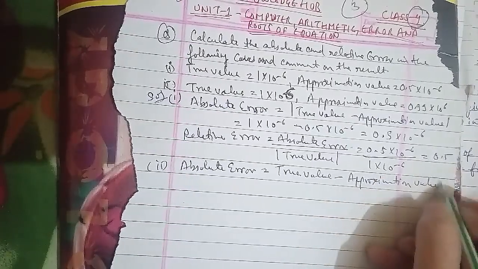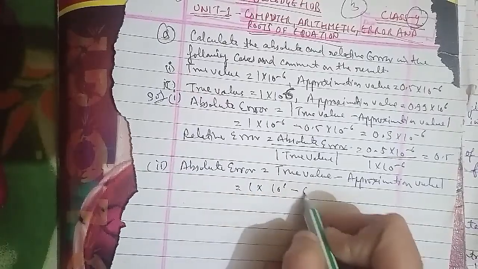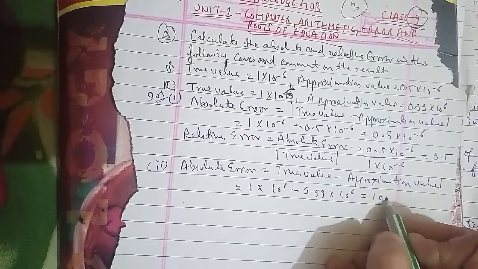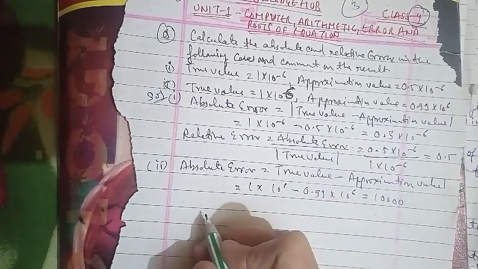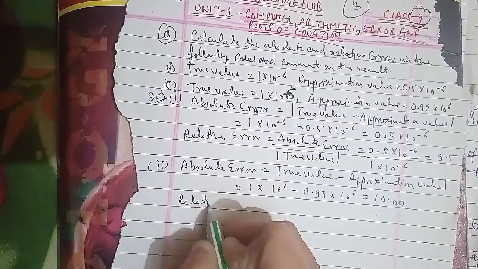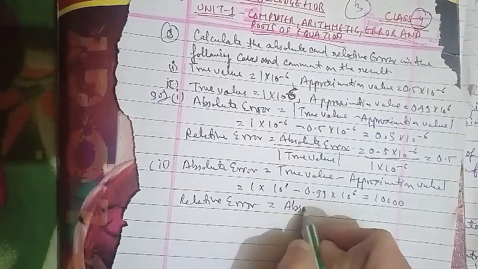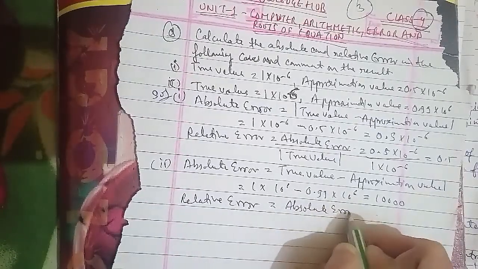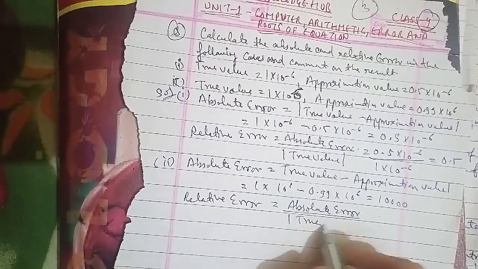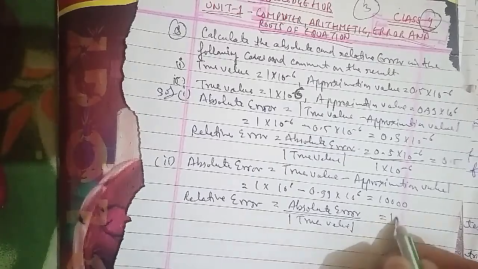So hence relative error will be absolute error upon true value, which equals 10,000 upon 1 into 10 to the power 6, equals 0.01.